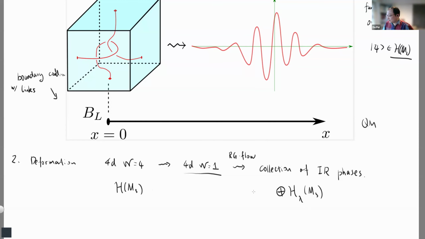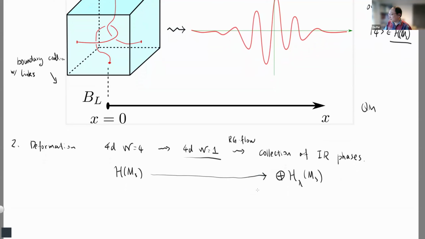And these two spaces may not be exactly equal, but there can be maps with some nice property between them. So here we are using a particular deformation so that this collection is also very nice. So they are labeled by lambda.